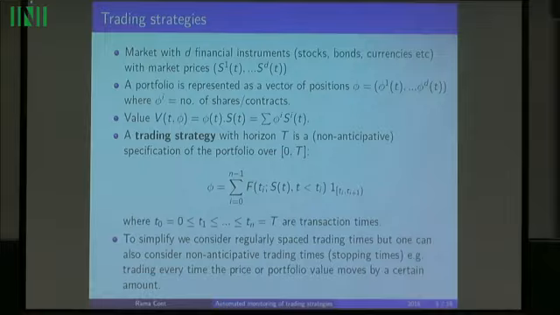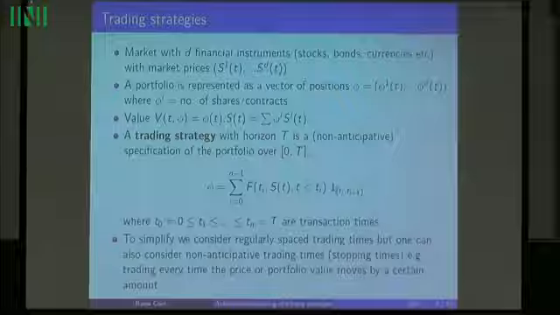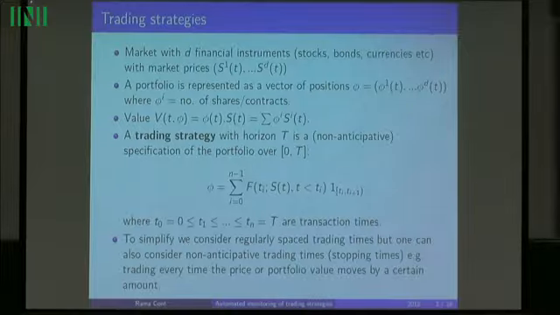So in between t_i and t_{i+1}, you hold some portfolio whose composition is computed at t_i, depending only on the information available up to time t_i. Any trading strategy is of this form. There's no restriction here. To simplify, in the examples I will consider trading times which are on some fixed time grid, but you can also consider in this framework trading times that depend on the path of the price. For example, whenever the price hits some level, I trade or something like that.